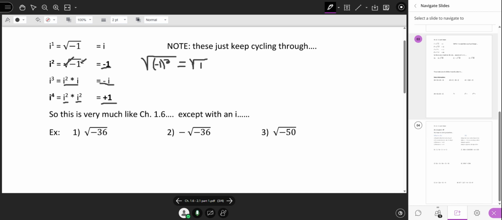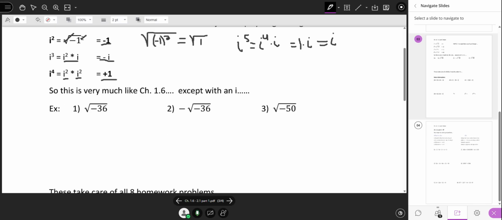And then if I was to have i to the fifth, that would give me i to the fourth times i, which would be 1 times i, which is i. So it's a system that just keeps cycling through itself. Okay? So this is very much like chapter 1.6, except with an i.